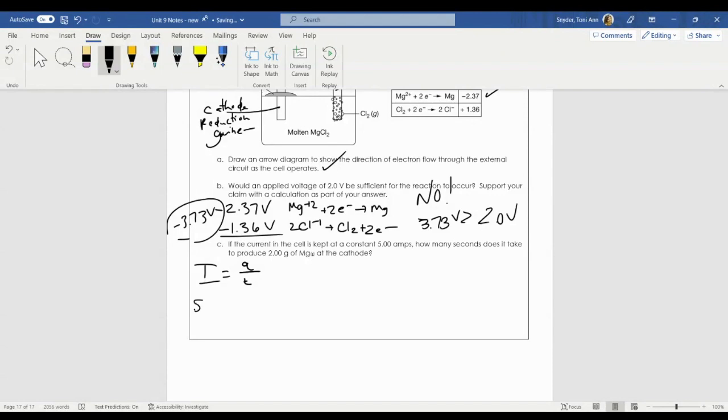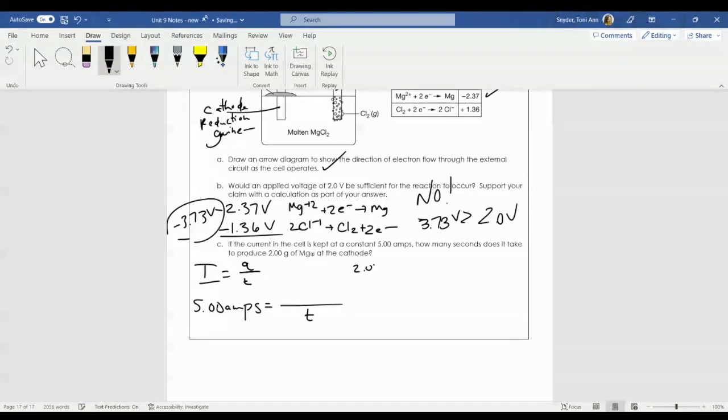My current is 5 amps, and I want to know how many seconds this is going to take, so t is going to be my variable. What I need to find, though, is the charge that's associated with 2 grams of magnesium. So I have to do a little bit of stoichiometry again.